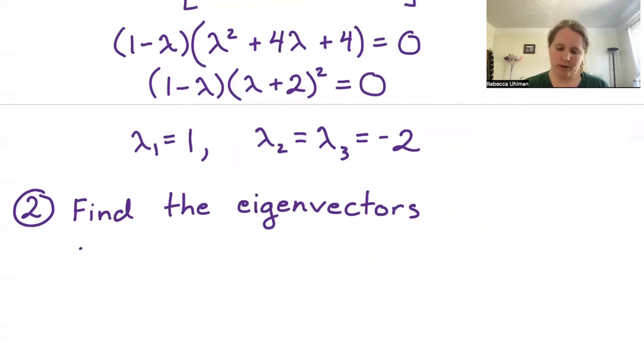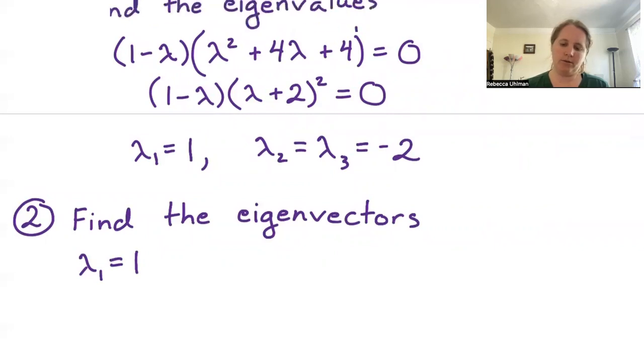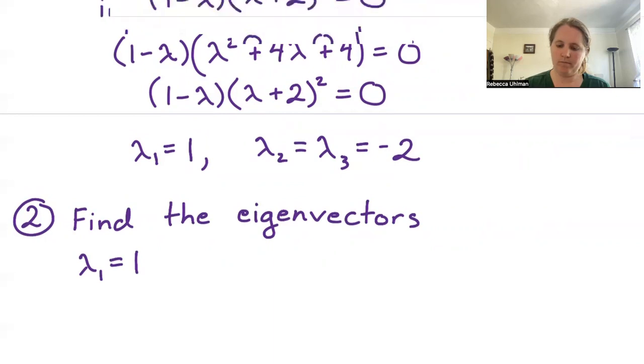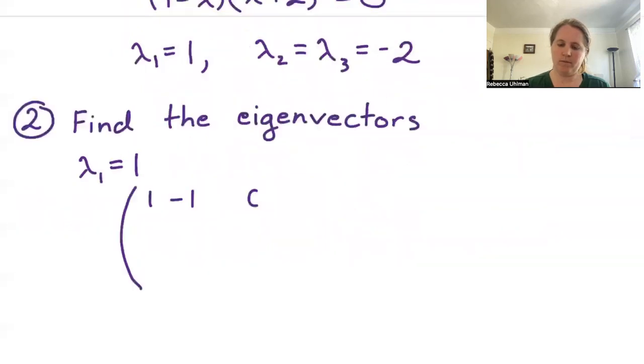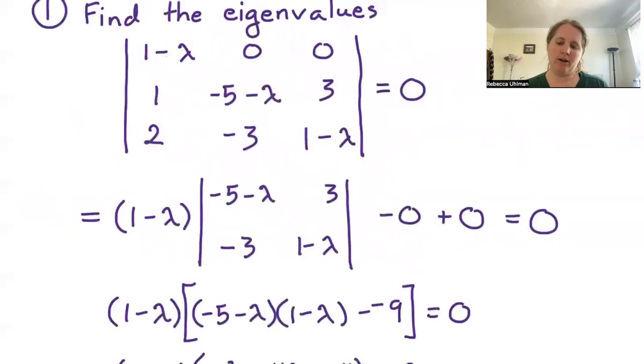So let's do lambda 1 equaling 1 first. So we are looking at 1 minus 1, 0, 0 for our first row. Then we have 1, negative 5 minus 1, 3 for a second row.